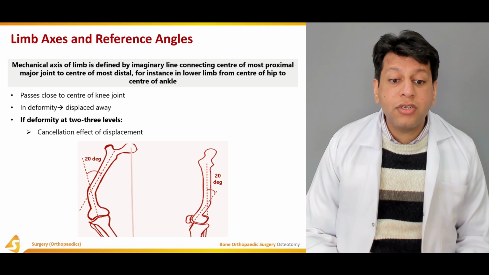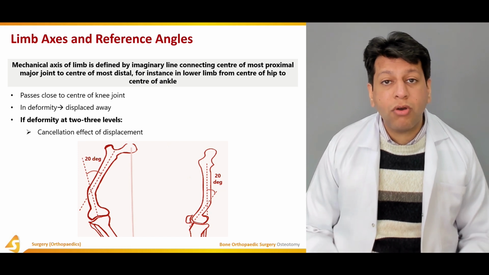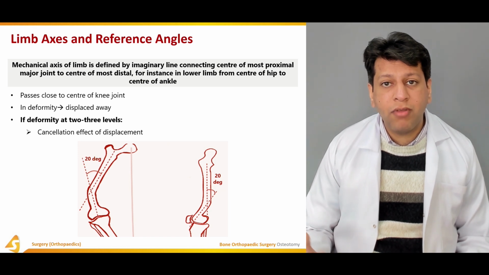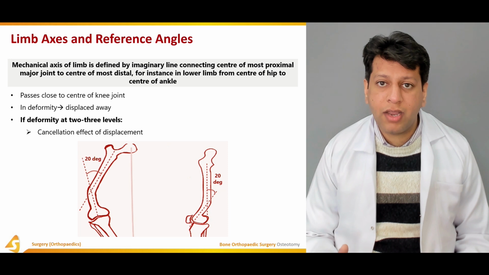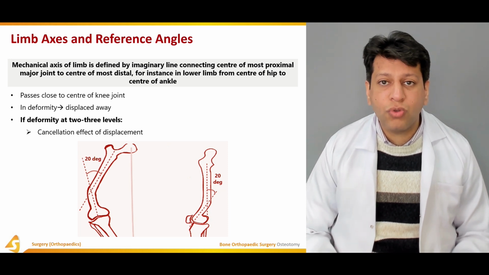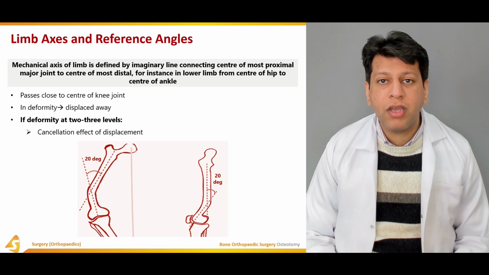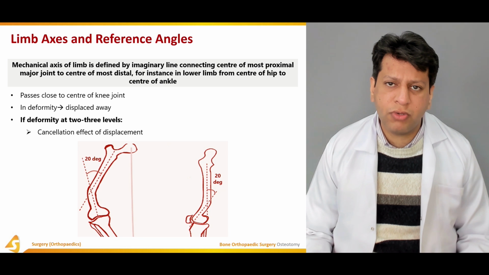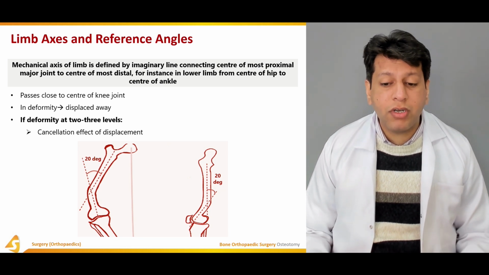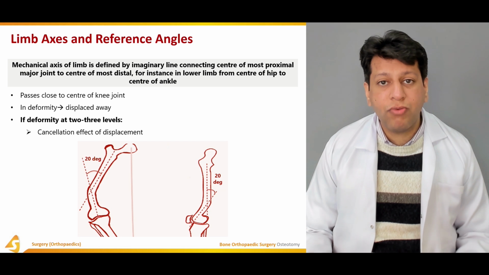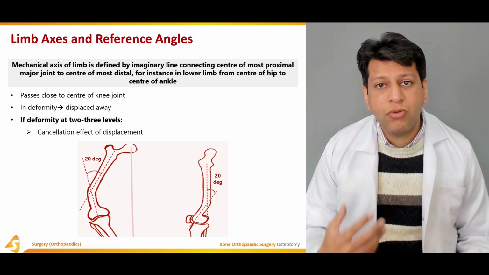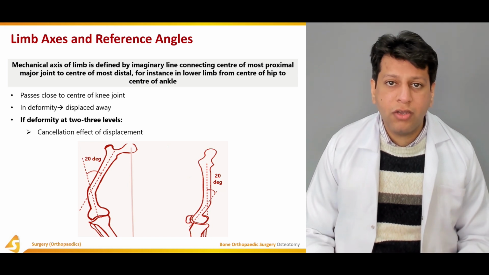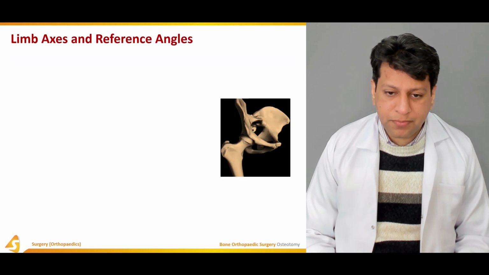If there are deformities at two levels, sometimes although the bone is deformed, if at one level it's 20 degrees away from the axis and at another level it's 20 degrees towards the axis, the overall limb's rotational profile will not be affected much, and the patient's gait may not be hindered to a great extent. Although very rare, it can happen that two deformities are exactly opposite to each other and cancel each other out in the overall 3D profile.